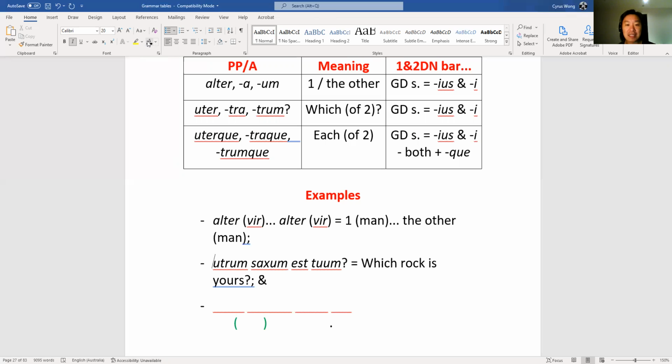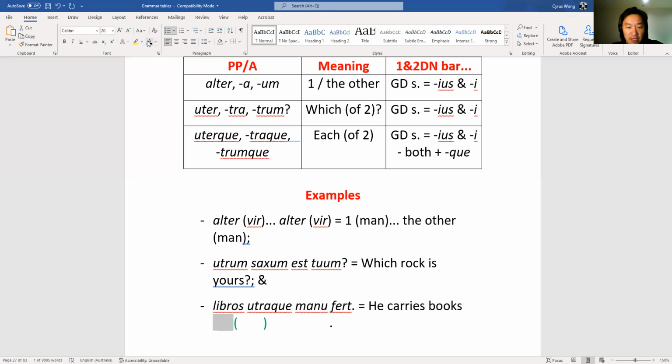Anyway, that's a sentence. As you can see, it has to agree with saxum, which is neuter, singular, nominative, and also tuum agrees too. So which of the two rocks is yours? Uter saxum est tuum?